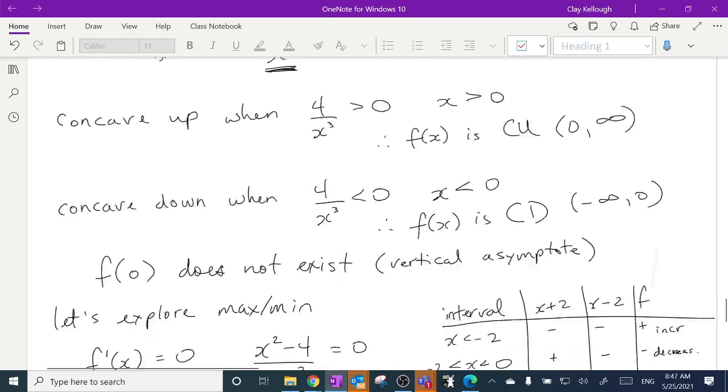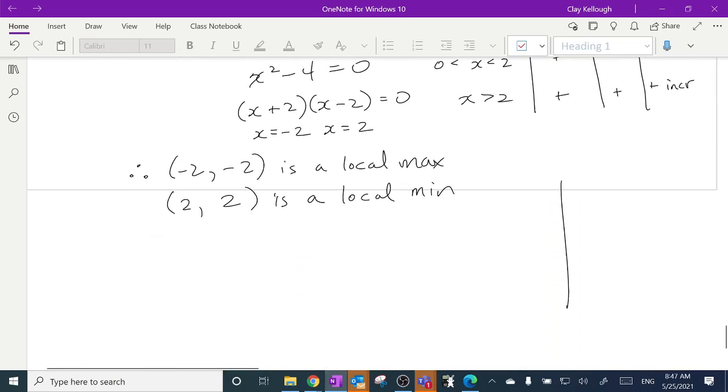Let's make a quick sketch. I have a graph where it can't touch the y-axis, that's an asymptote. It has a local max at negative 2, negative 2, but then it's curving down.